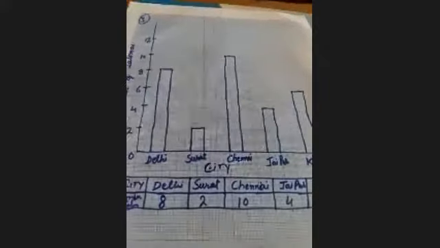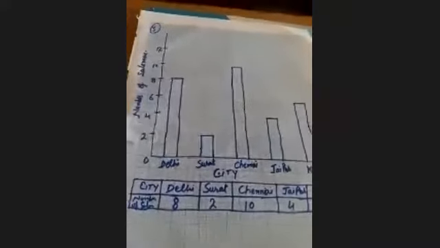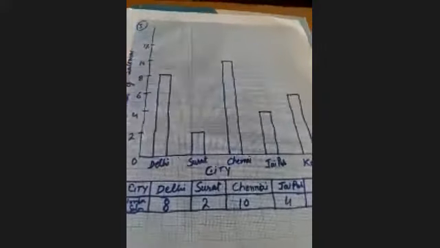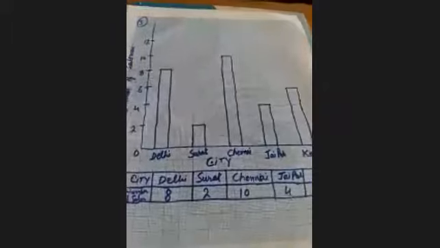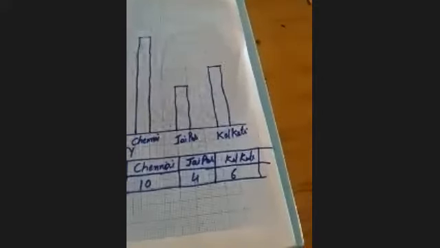Yes, friends, this is a bar graph which shows the information given in the third question. In this question, information is given on the number of salesmen of a company visiting different cities of India. So in Delhi, 8 salesmen, Surat 2 salesmen, Chennai 10, Jaipur 4, and Kolkata 6.